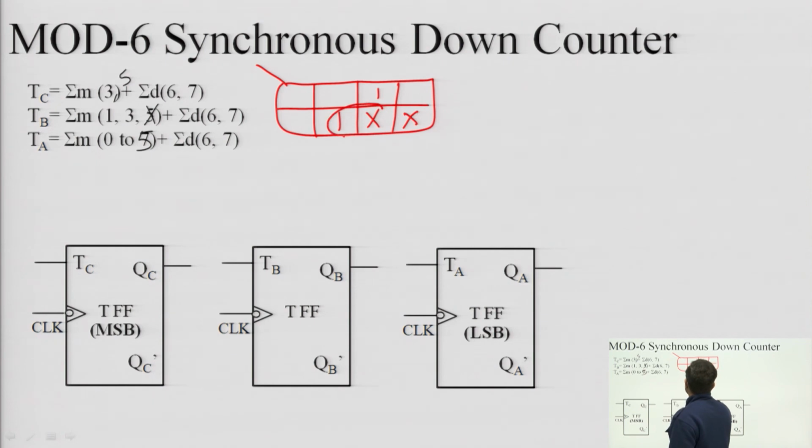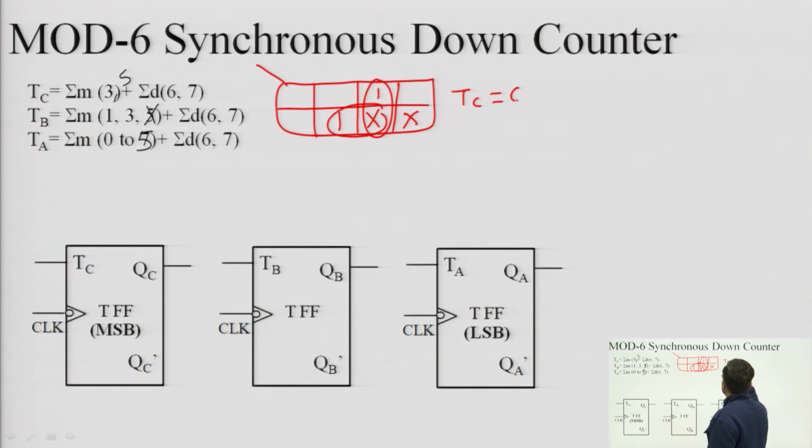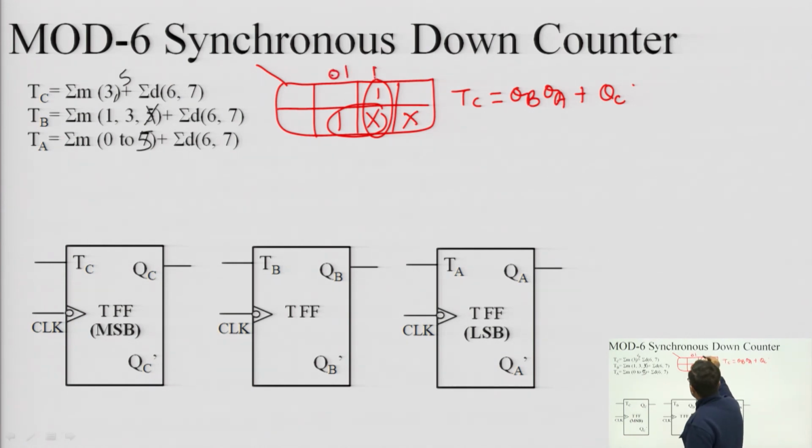So this becomes the connection for TC. TC is equal to QB QA plus QC QA, and this corresponds to 0, 1 and 1, 1, that means QA.